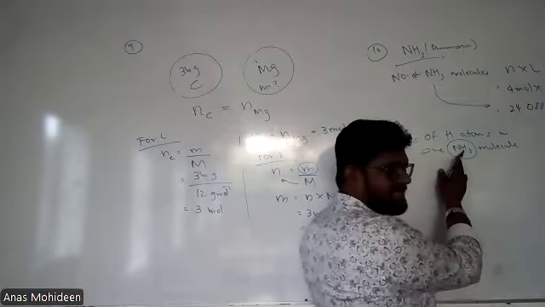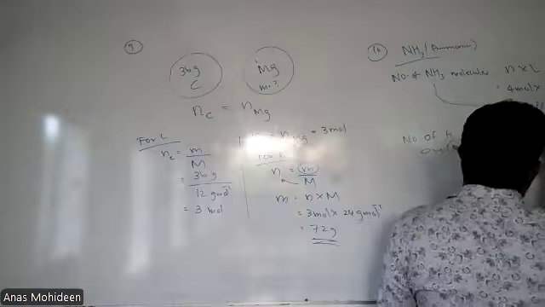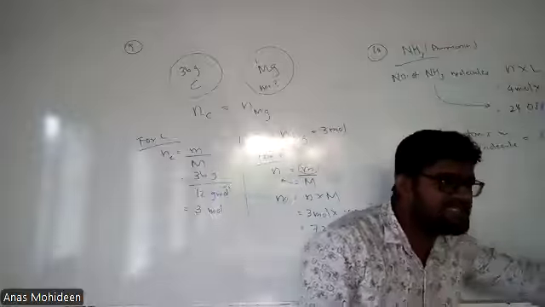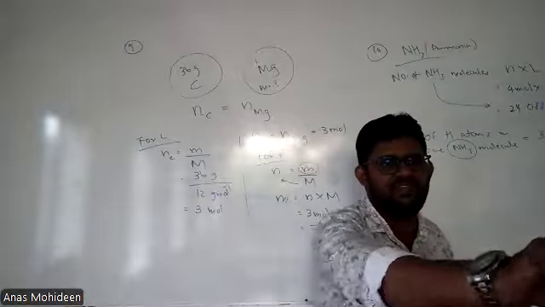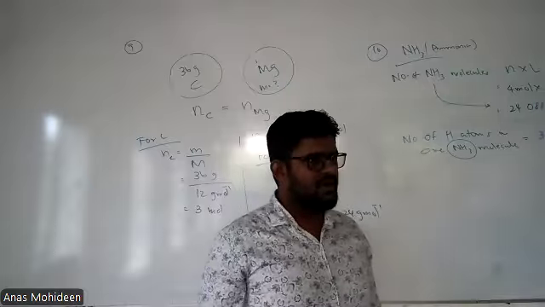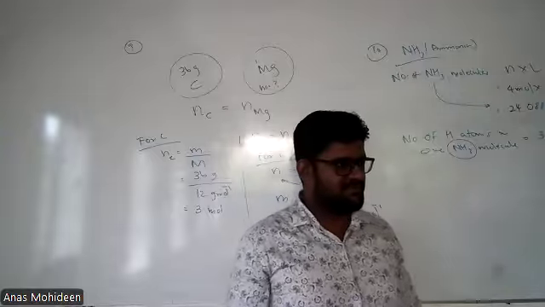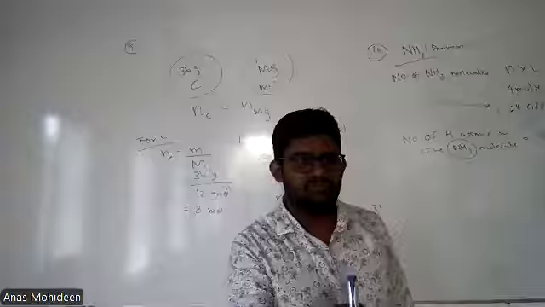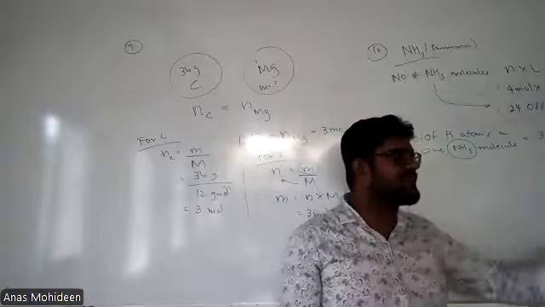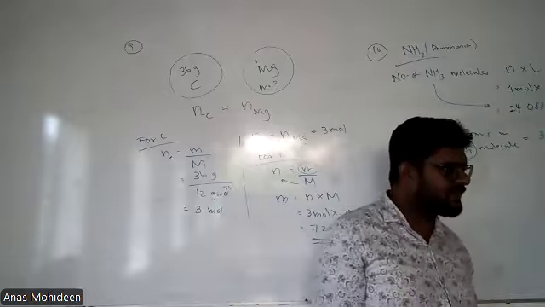No, I need only hydrogen, right? So I'm writing 3. If there are 100 bags with 5 total pens in one bag but I need only 3 red pens, that is 3 into 100, 300 red pens. 2 into 100, 200 blue pens. 5 into 100, 500 total pens. Got it?